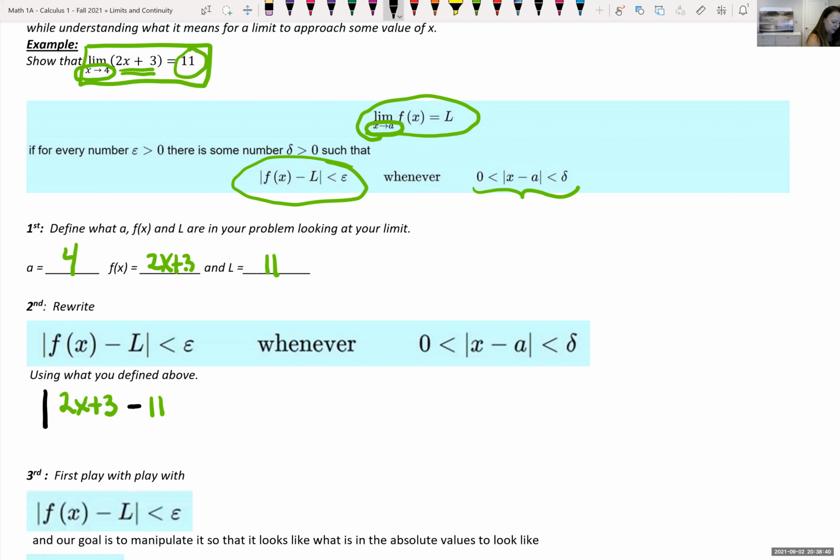That absolute value is less than epsilon, whenever 0 is less than the absolute value of x minus, well, let's see what our a value is. Our a value was 4, so minus 4, which is less than delta.